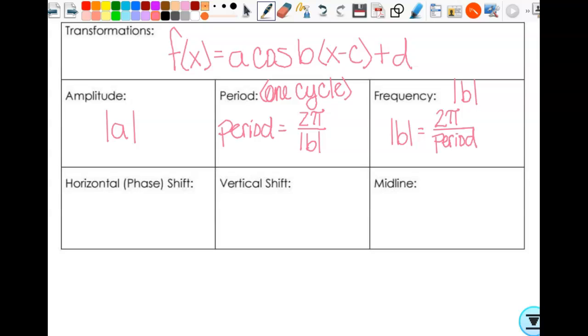Your horizontal or phase shift, your left and right, is still c, like it's always been. Vertical shift, still d, like it's always been. Midline is going to shift with it up and down, so it's just an equation, y equals d.